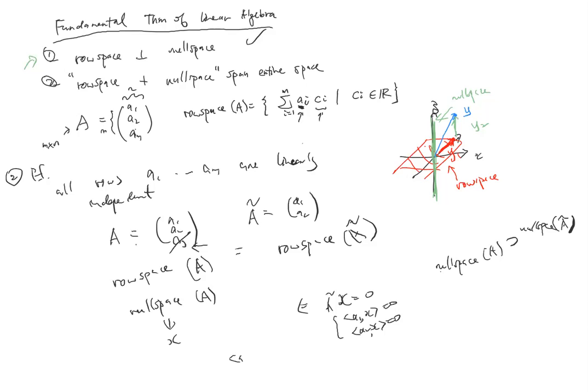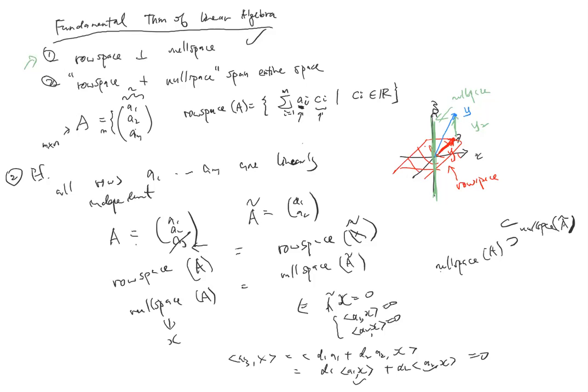So a3x is equal to, let's say, d1a1x plus d2a2x. Then again, I have d1a1x plus d2a2x, so this is equal to 0. So I will have both inclusions. Therefore, again, the null space of A is equal to the null space of A tilde.